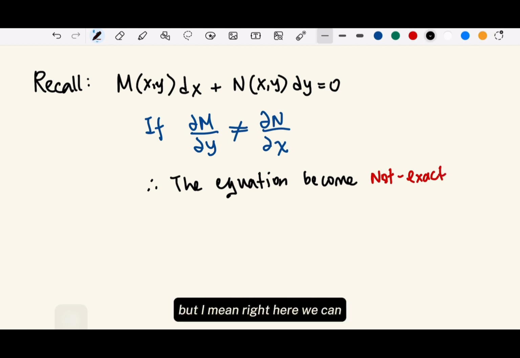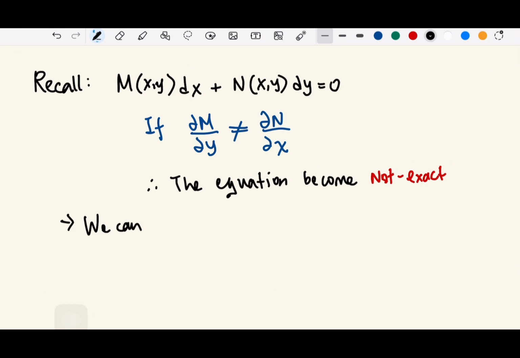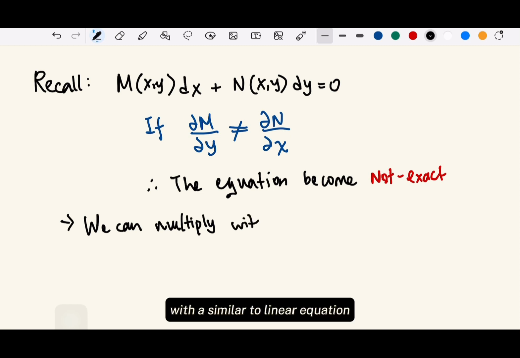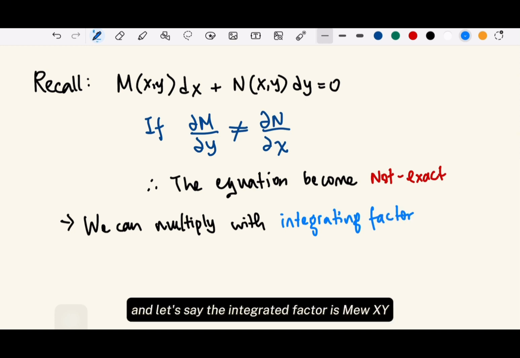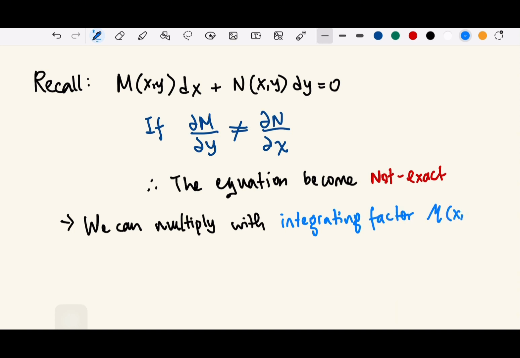But we can multiply with, similar to linear equations, an integrating factor. And let's say the integrating factor is mu of x, y.